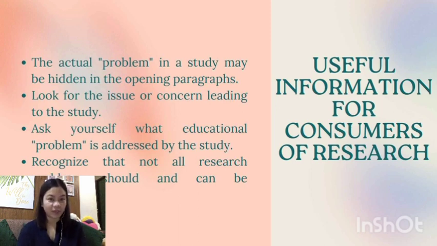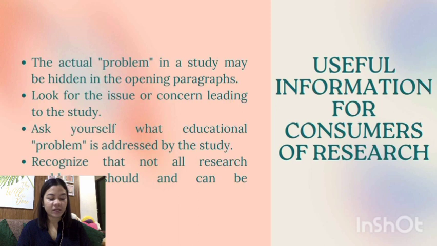So that's all for my topics. To wrap up Chapter 2, we discussed the following. The first one: define the research problem and explain its importance, which my group mates already discussed earlier. The second one is to distinguish between a research problem and other parts of the research.